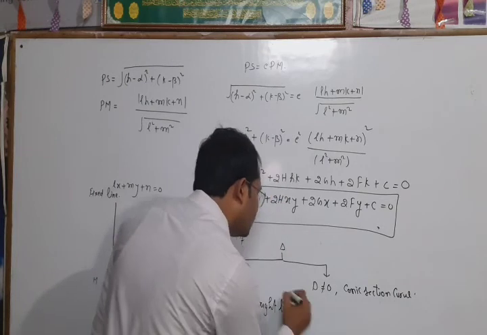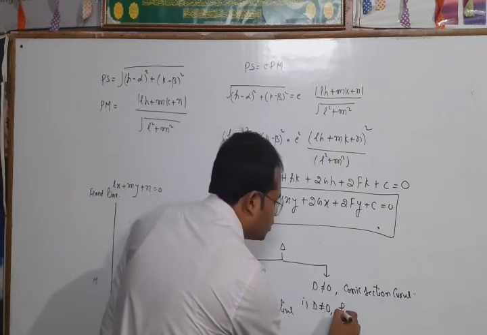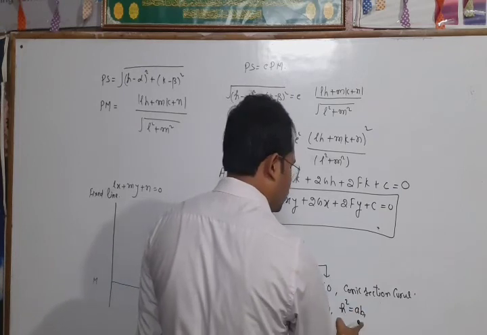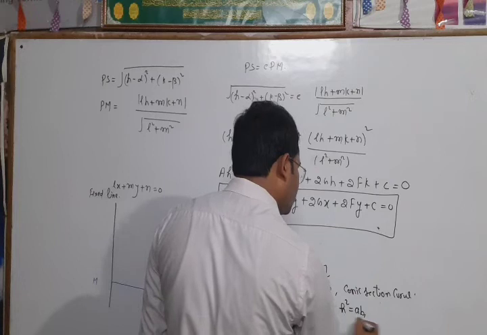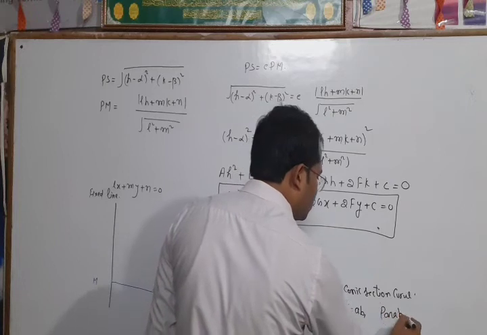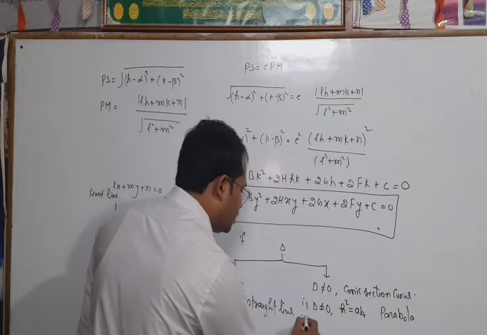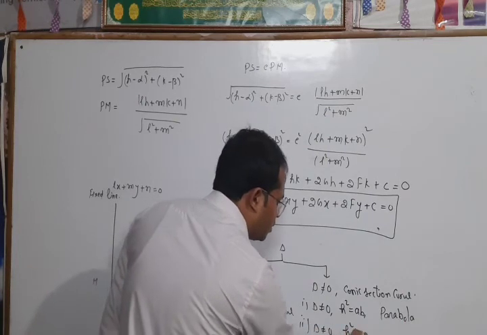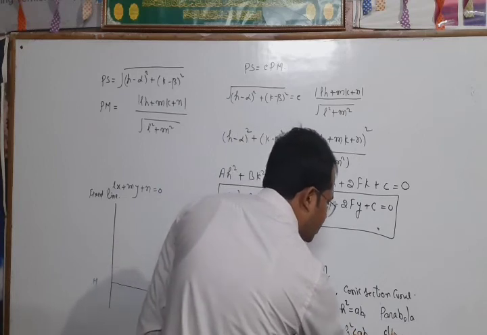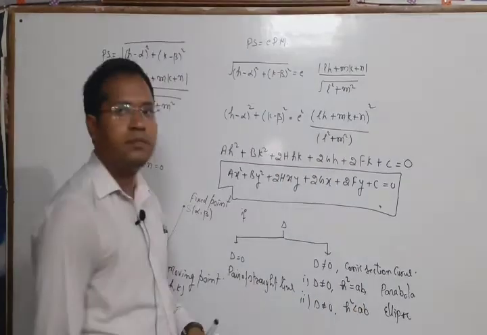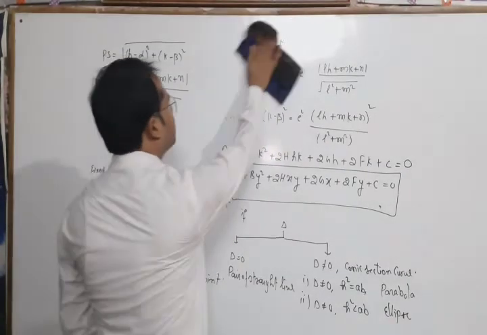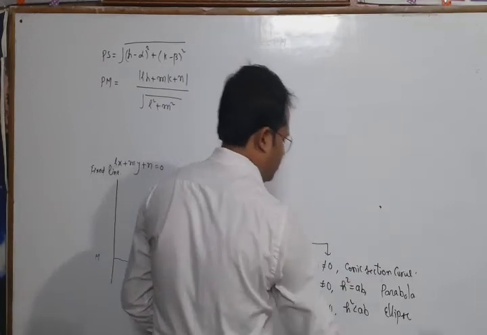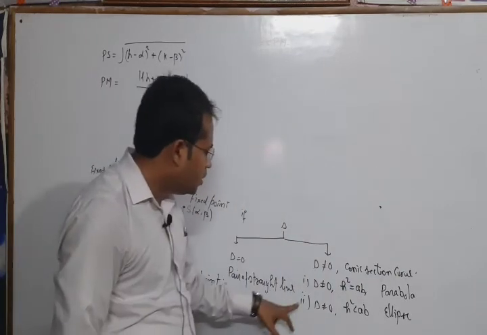First, delta does not equal 0 and h square is equal to ab: it is the condition of a parabola. Second, delta does not equal 0 and h square is less than ab: it is the condition of an ellipse.